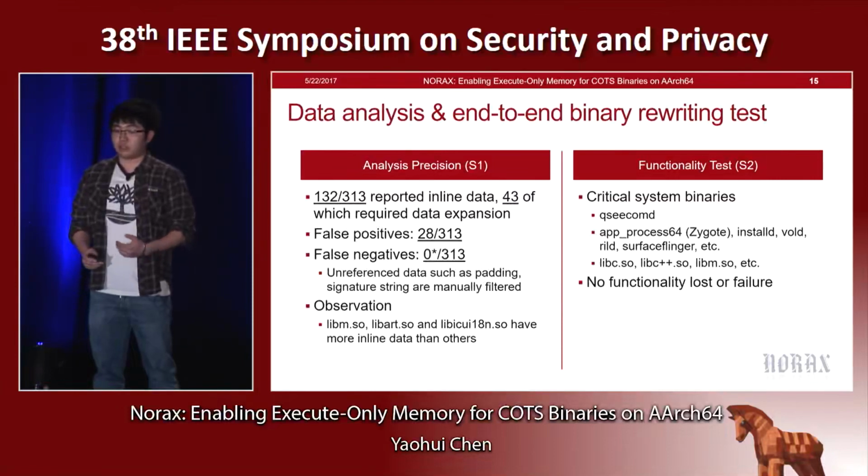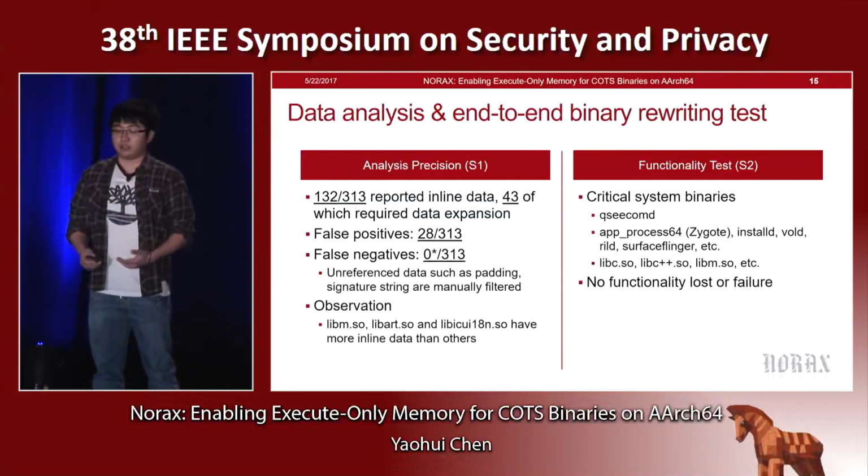In this process, we also observe 28 binaries have reported more, we have identified more code as data. But regarding the data missed, we do not miss any. But this is after we manually filter the unreferenced data such as the paddings and signature strings, etc. Because making them unreadable will not break the program, so we do not count them as false negatives.